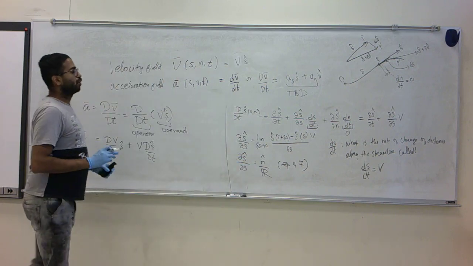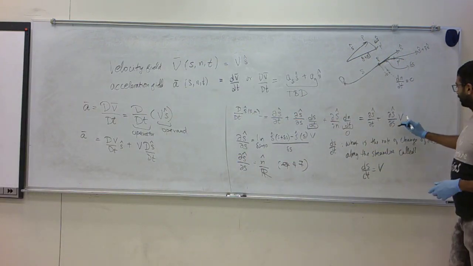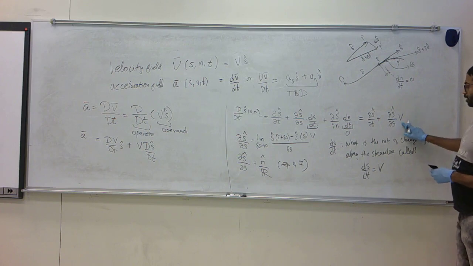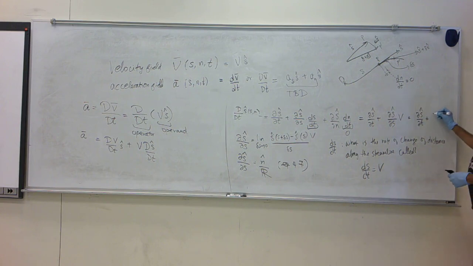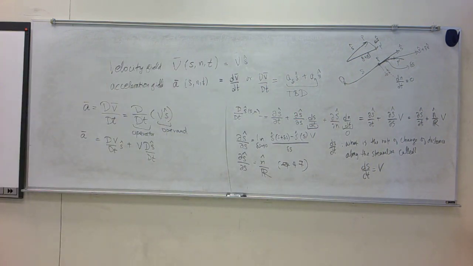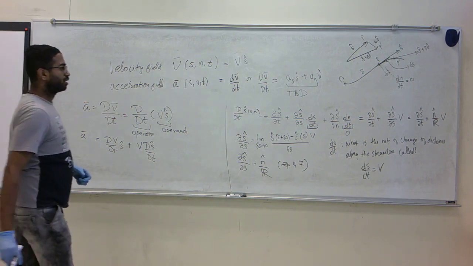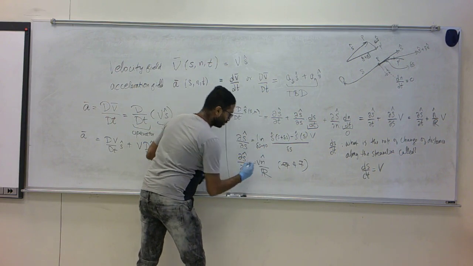Now this statement here I have equal to ds-cap over dt plus n-cap over r times v. I'm sorry, it's not just n-cap over r, it's v n-cap over r.